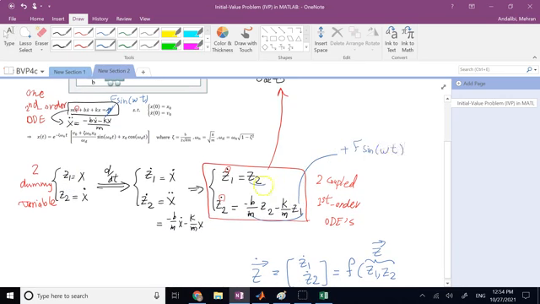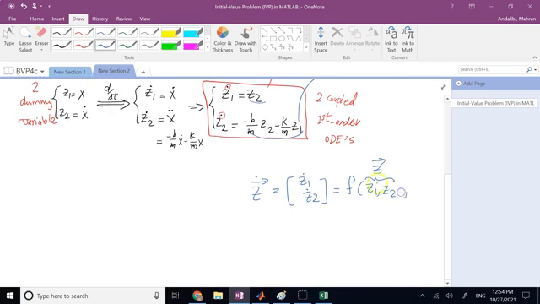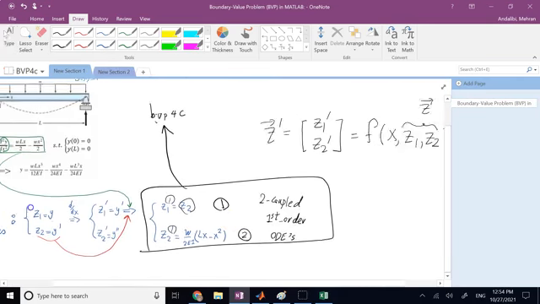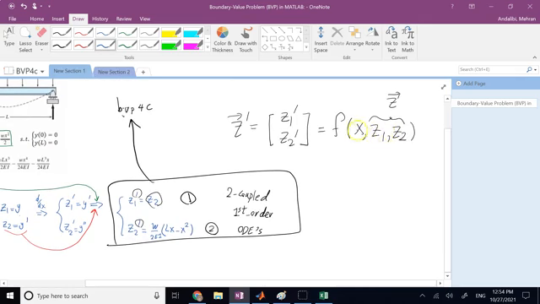So on the right hand side, not only do I have z1 and z2, I also have t. So I have to say in general it's a function of z and t, a function of the dependent variables. The first derivatives are the function of the dependent variables as well as the independent variable, and that's what you see here.